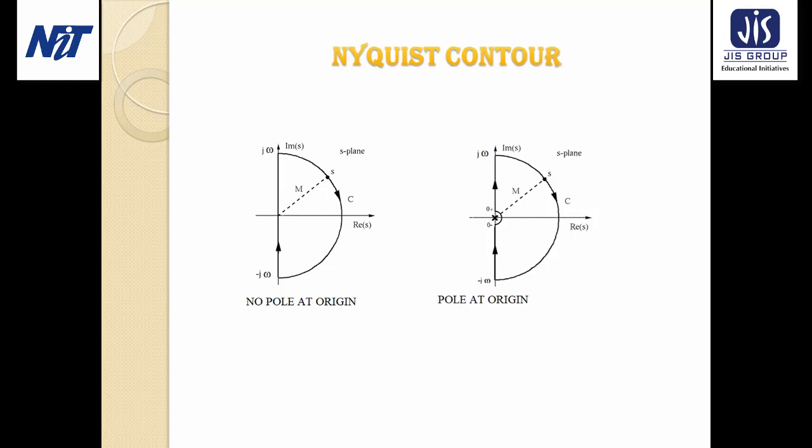Next, section 2 means this whole semicircular arc with infinite radius, and here omega varies from plus infinity to minus infinity. This semicircular arc has infinite radius, and here theta varies from plus 90 degrees to minus 90 degrees.